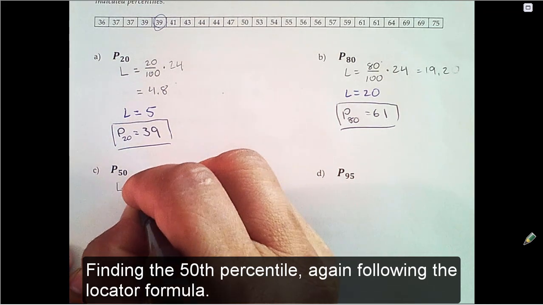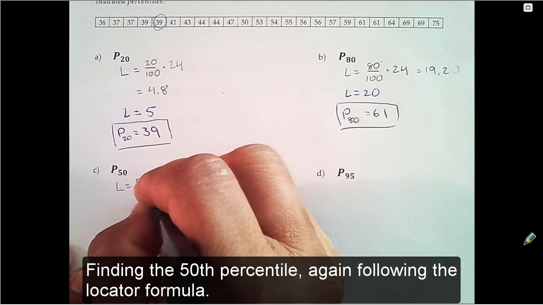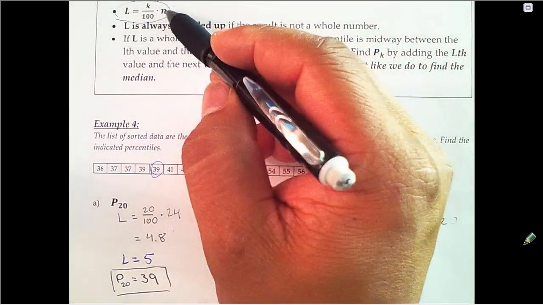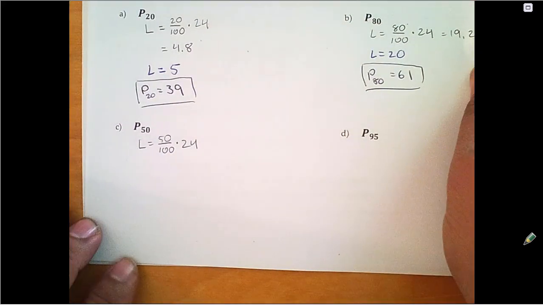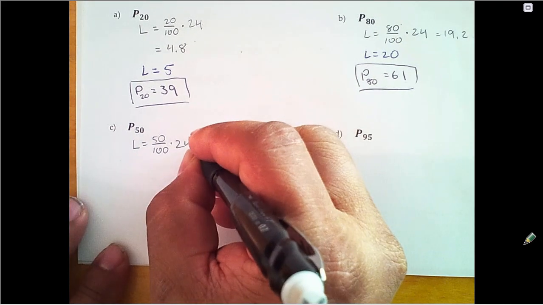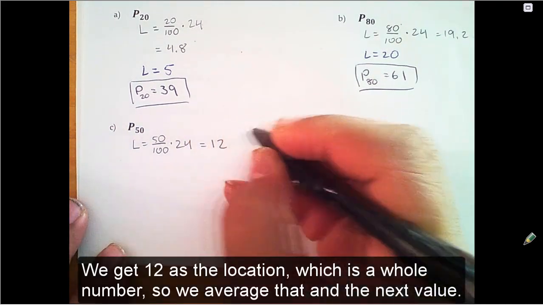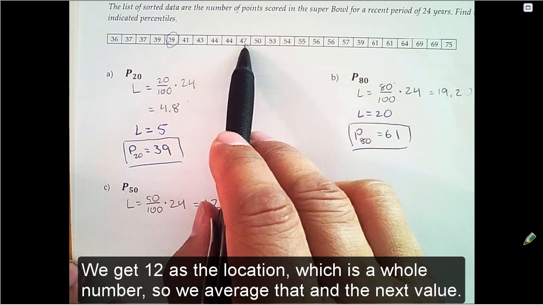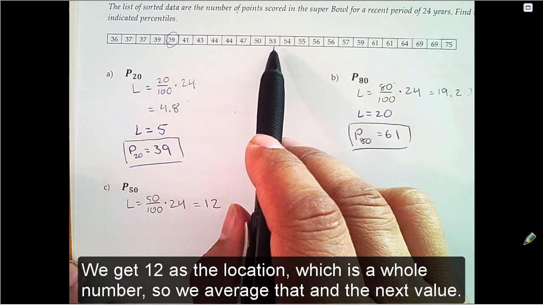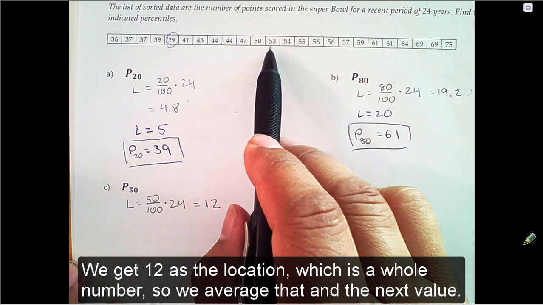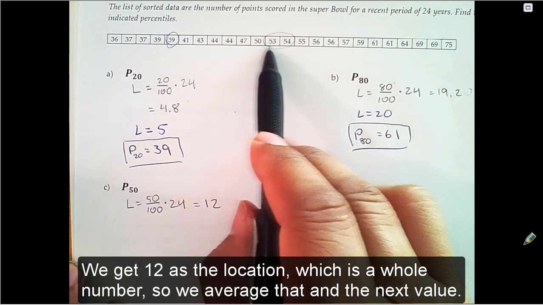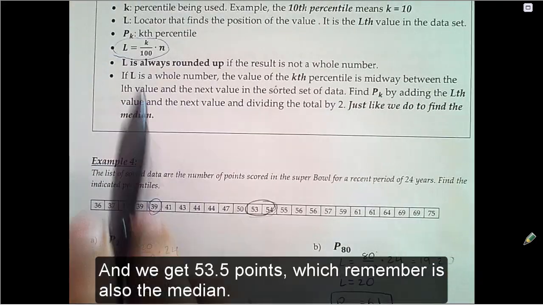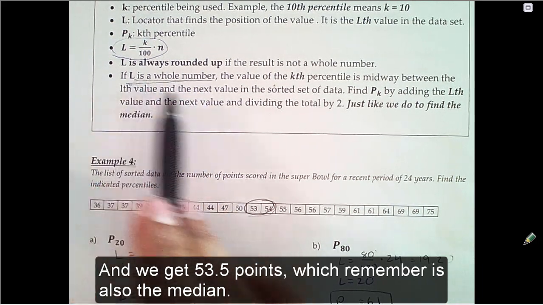Finding the 50th percentile, again following the locator formula, we get 12 as the location, which is a whole number, so we average that and the next value. And we get 53.5 points, which remember is also the median.